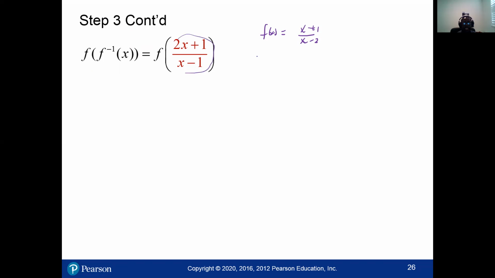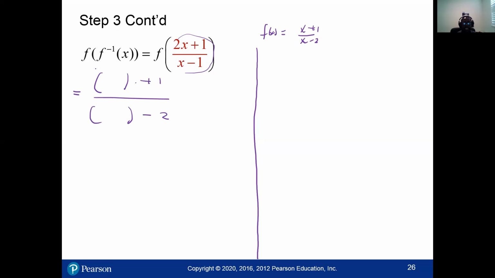Okay, I'm going to be a little bit organized here. So this is equal to wherever we see x in the f of x, we plug in that expression. So we have, okay, it's going to be x plus 1 over x minus 2.